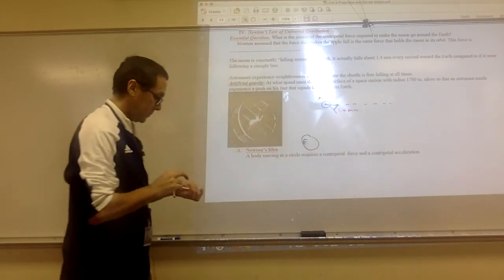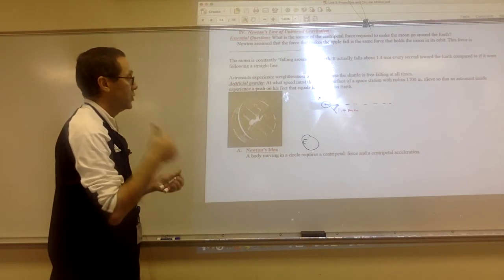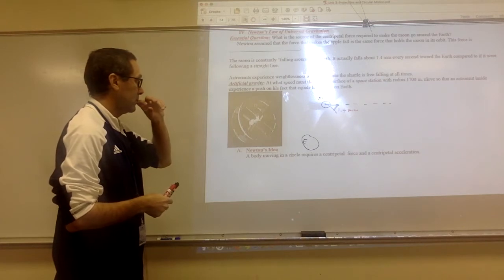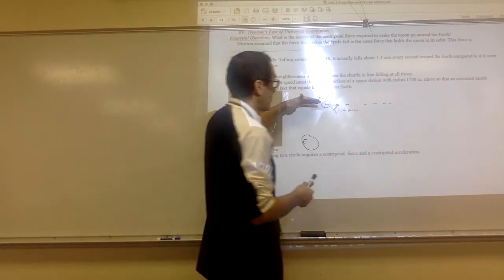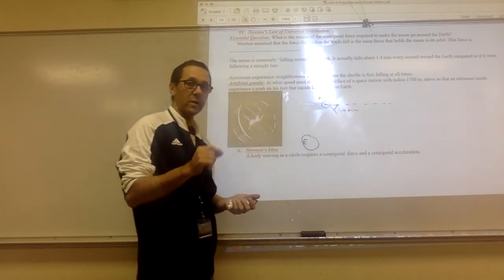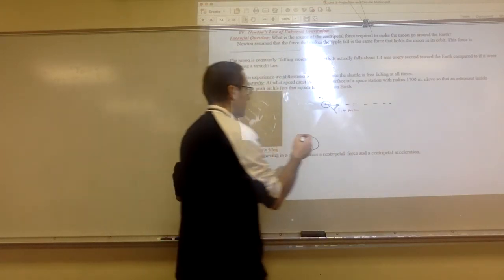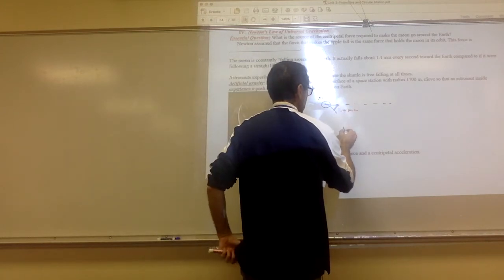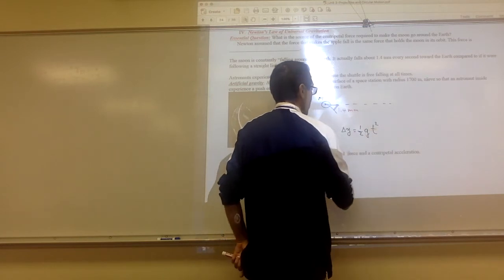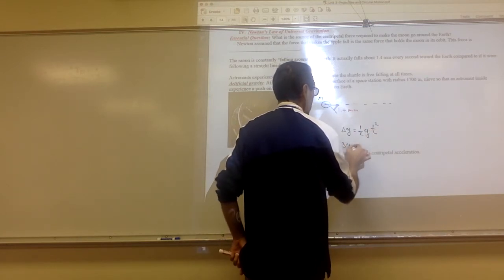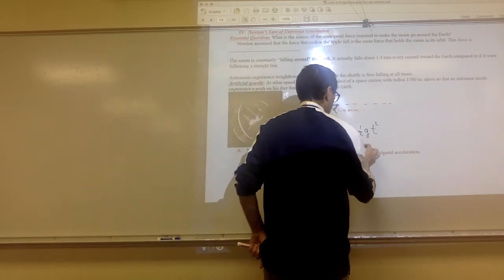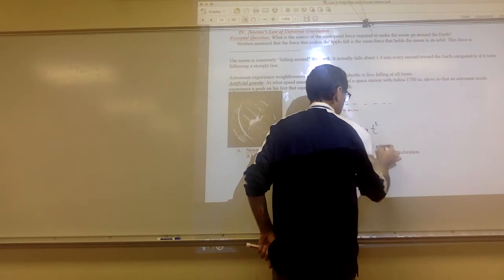Now we can do this 2 ways. We can do this with geometry, or we can do it with trig, in other words, or we can do it with just the free fall stuff. Now think of the moon instead of going straight, it drops this way. That looks like a horizontal projectile. Now, for horizontal projectiles, if you remember, the delta y is 1/2 g times t squared. Now, the g at that location, which we just found earlier, is 0.0028.